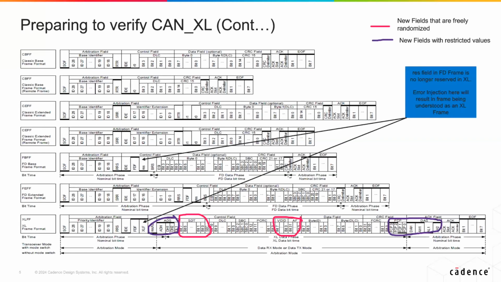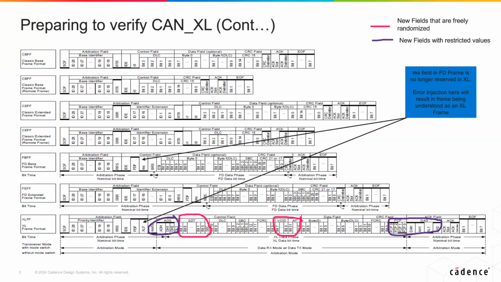Now, in this slide, you can see basically all basic types of frames that are supported by a CAN Excel device, which are remote extended, data extended, FD frame, FD extended frame, and Excel frame. Now, here you can see that an FD frame has a bit called reserved. If this bit is set as high, as recessive in this case, it will be interpreted as Excel frame.